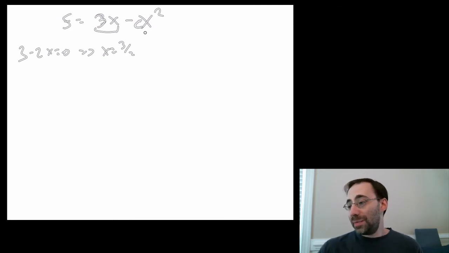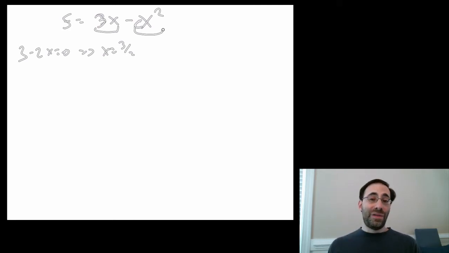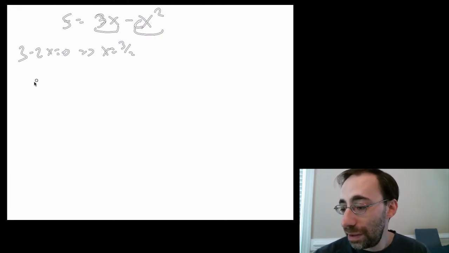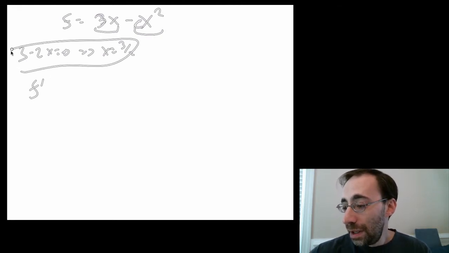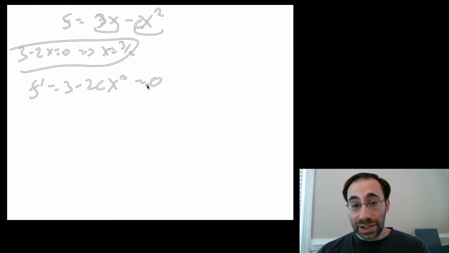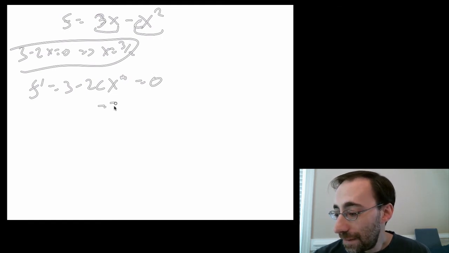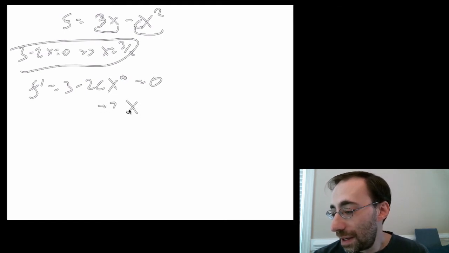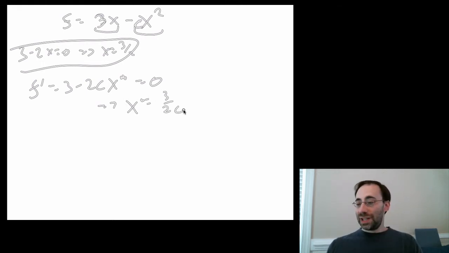But what if we had some parameter on the cost, so we could vary the exact cost? What would happen then? Well, the first order condition would be 3 minus 2cx equals 0, which would imply that x star equals 3 over 2c. You see it matches the previous answer. When c equals 1, you get 3 halves.